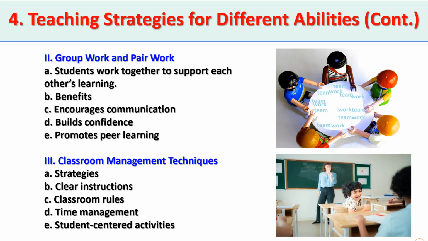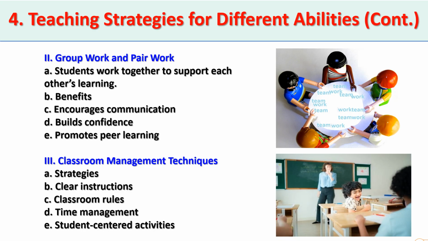So, for example, two students practice conversation in English most of the time in order to improve their pronunciation. And a second example, a group of four students work together in order to solve a kind of science problem. So here are some benefits of group work or pair work.